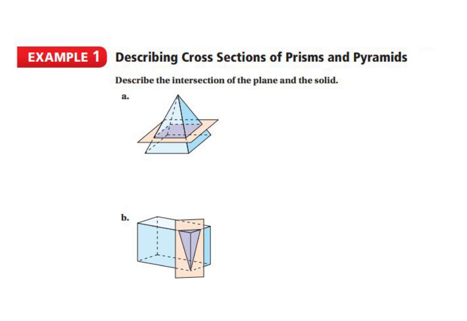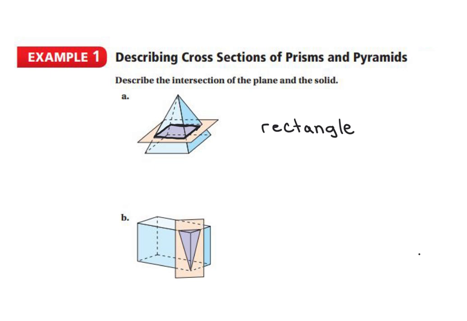We would also say the cross section is a rectangle. And this would be the cross-section piece that we pull out. That'd be like the little slice or the sheet of paper that we pull out from there.